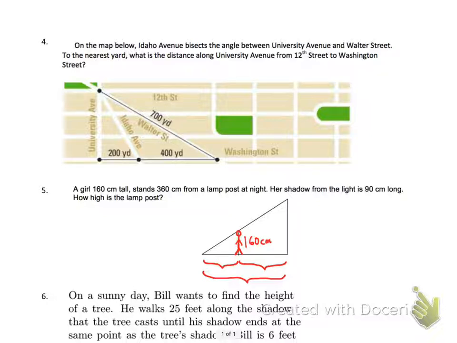She's 360 centimeters from the lamppost. Where is the lamppost in our diagram? It's the far right. That tall line right here is the lamppost. I won't erase anything, but our lamppost is going to be right here. I'm going to illustrate this a little bit. All right, so there's your lamppost in our diagram, and the 360 centimeters is the distance she is from that.